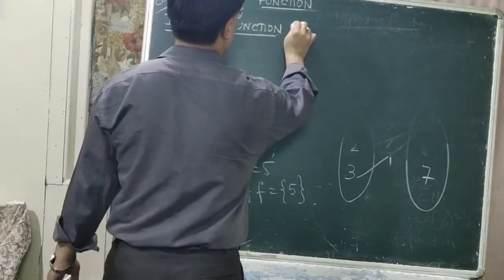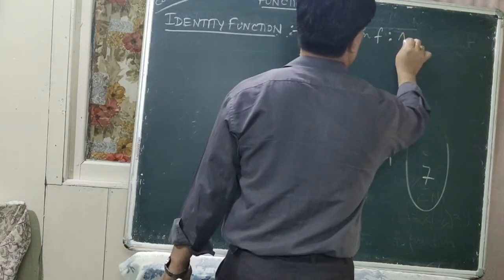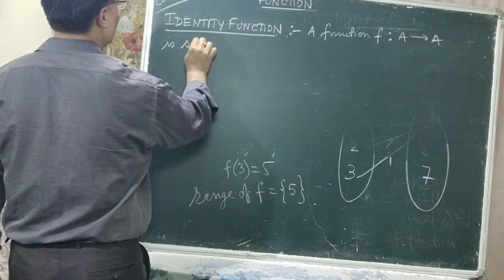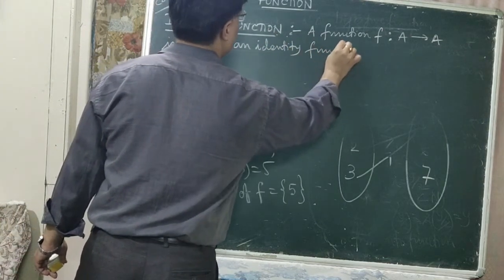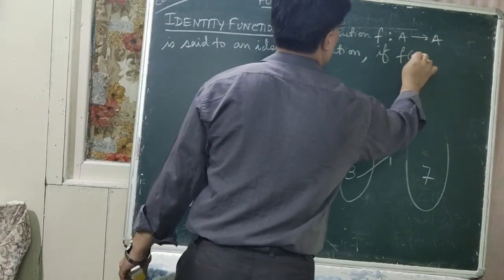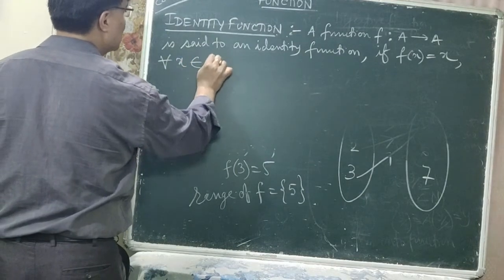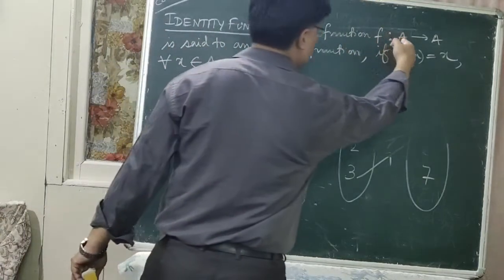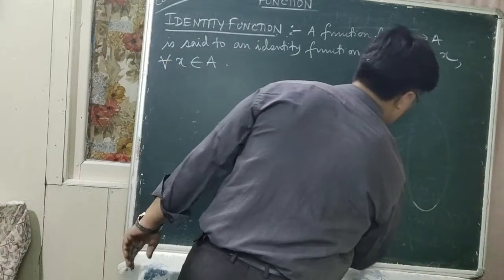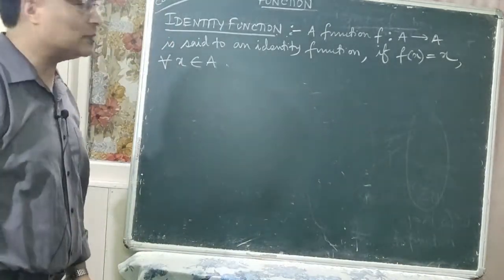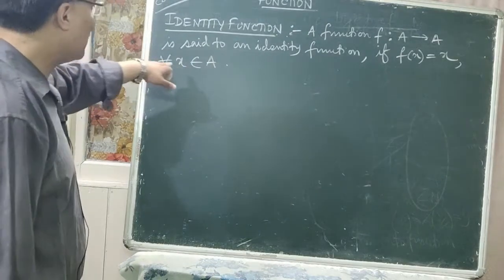A function f such that A to A is said to be an identity function if f of x is equal to x for all x belongs to the set A.